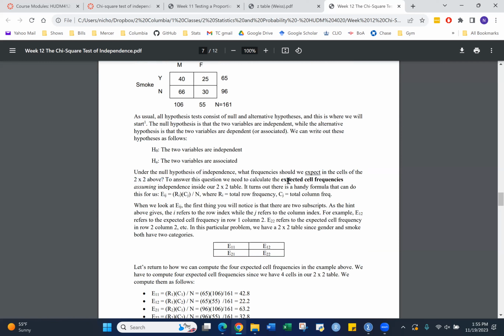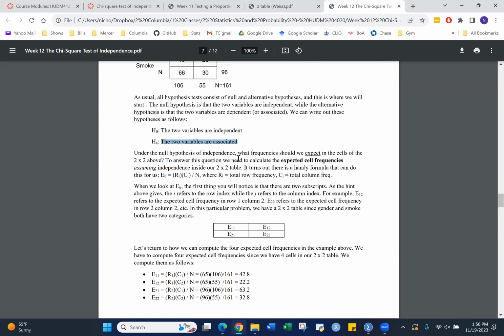If the observed frequencies are very different from the expected frequencies under independence, then we will reject the null and say, hey, it doesn't really look like the data came from a process which would suggest independence. It looks like there's actually a correlation between the two factors. That's what the chi-square allows us to do. It allows us to say how much the observed and expected cell frequencies need to differ before we label that difference as statistically significant.